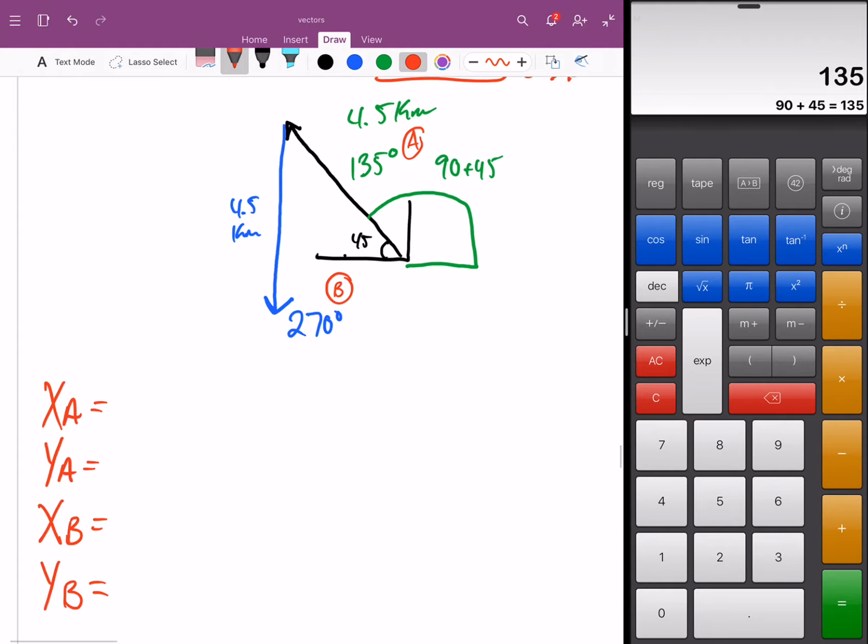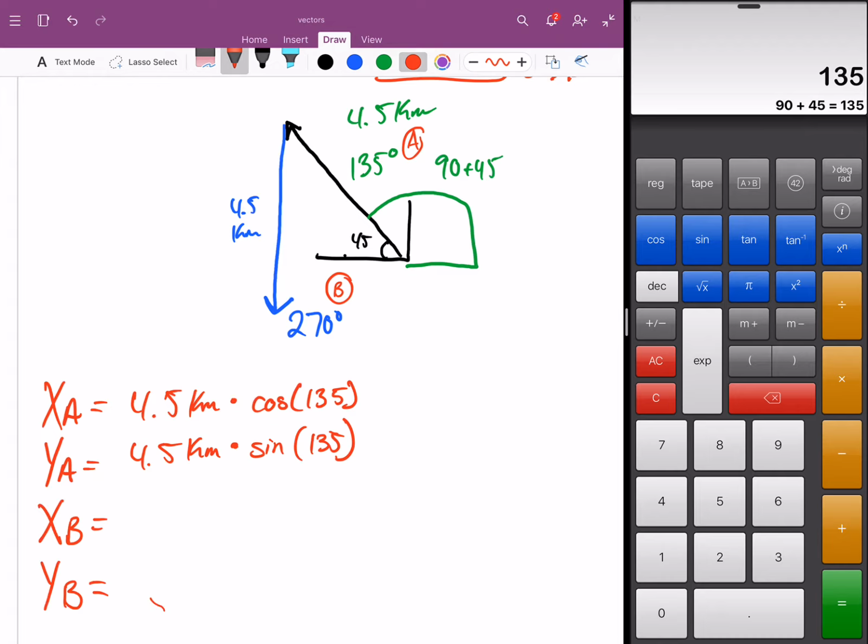XA being 4.5 kilometers times cosine of 135. YA, same thing, 4.5 kilometers, in this case the sine of 135.